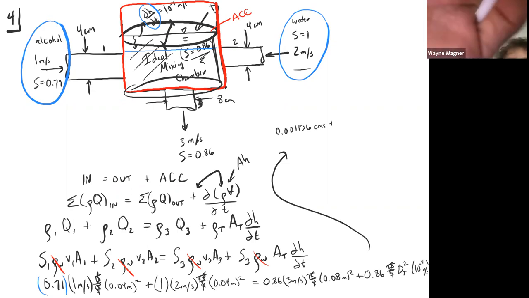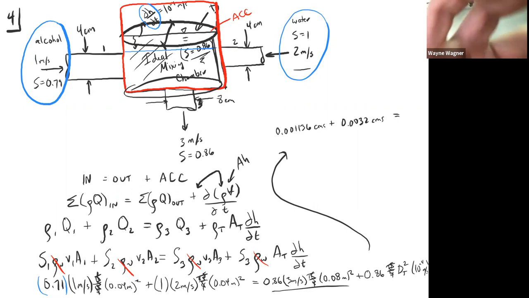And we'll add 2 times 0.04 squared, 0.0032 cubic meters per second. Then I'm going to do this one, 0.86 times 3 times 0.08 squared equals, let's see, 0.016512 cubic meters per second.